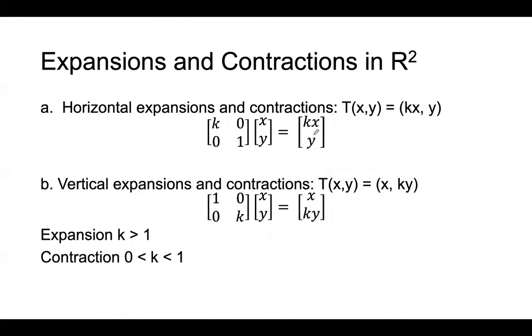And again, there are the horizontal expansions and contractions. The result here would be kx, y, and the vertical one would be x, ky. It's an expansion if k is greater than 1, and a contraction if k is less than 1 but greater than 0.